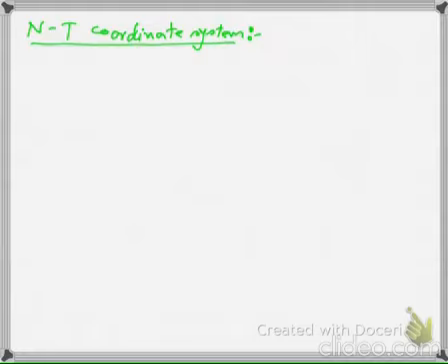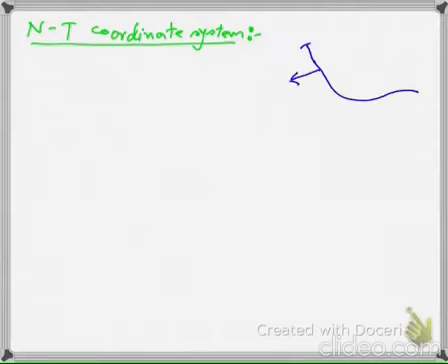For this we're going to think about a path that we know, so it could be a known path.